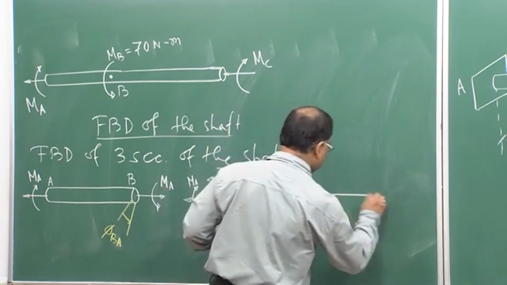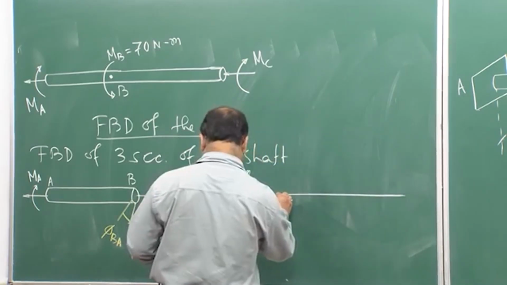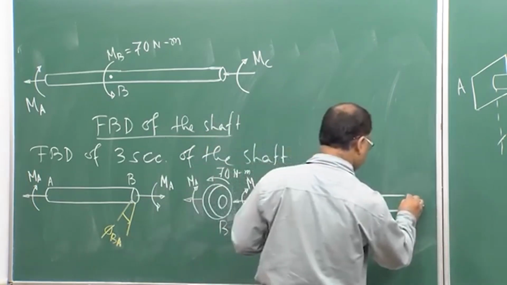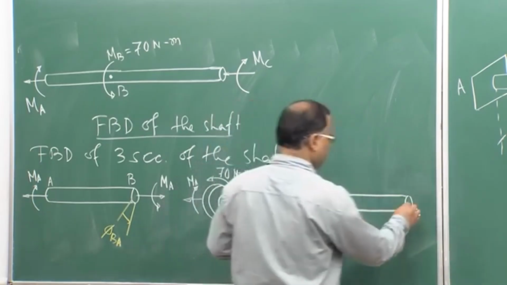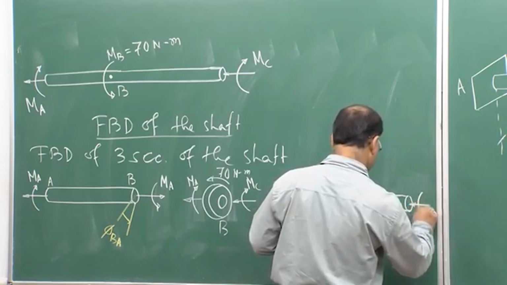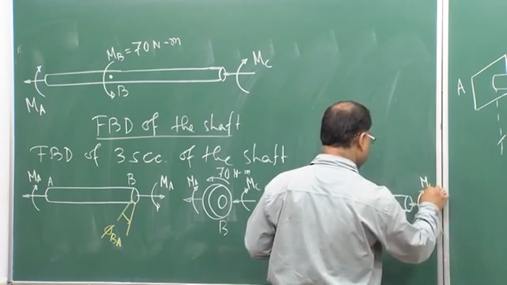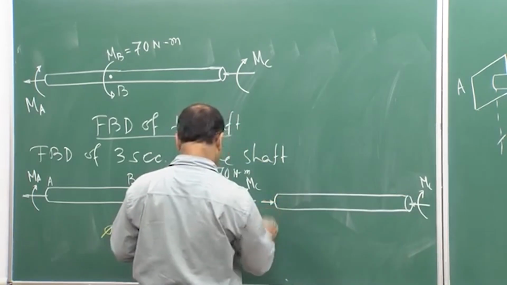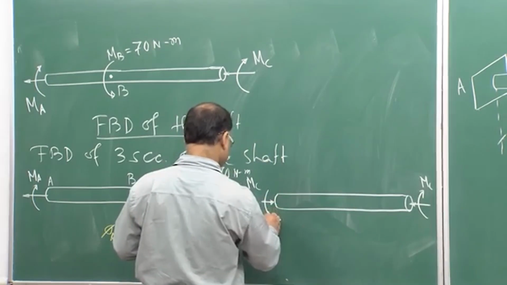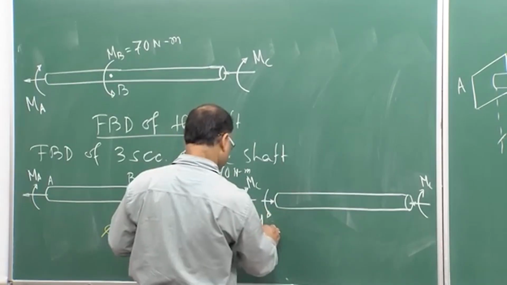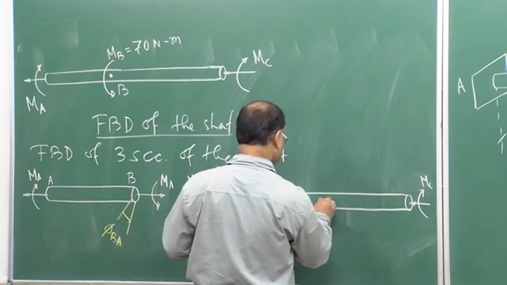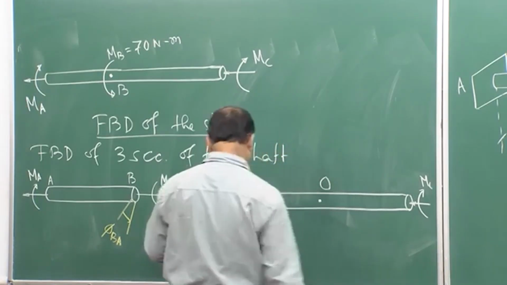So, from B to C, this is MC. Okay. This is MC, okay, and this is the point O, which is our point of interest.